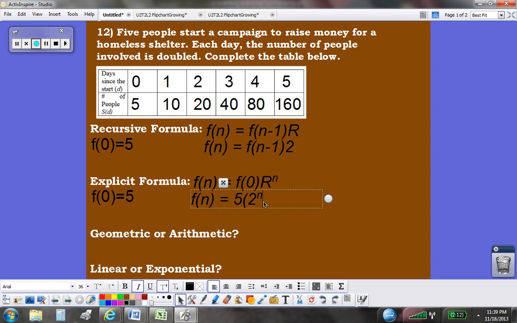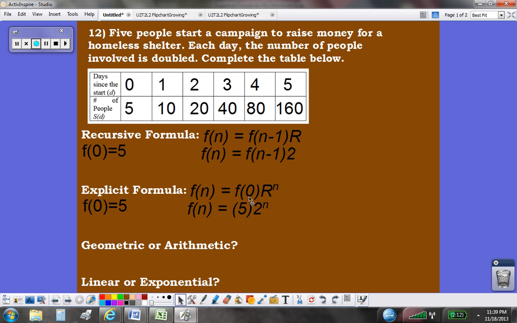The n I don't know, so I'm just going to keep that as is. Let me just do it that way. There. Yeah, so f of 0 is 5. The ratio is 2, and the n is the term that I'm trying to find. Again, they don't specify to find a specific term, so I'm just going to keep the n at that.